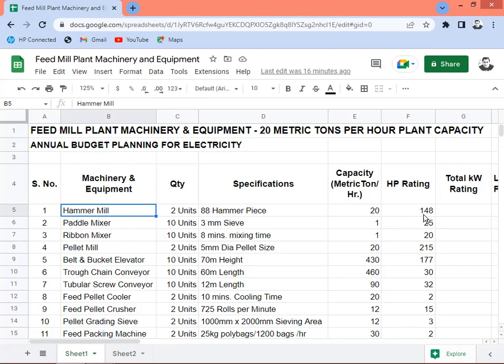So for example, the hammer mill is going to have 148 horsepower, paddle mixer 25 horsepower, ribbon mixer 20 horsepower. Sometimes the manufacturer of the electric motor indicates the kilowatt hour right away, but most motors indicate the horsepower rating.